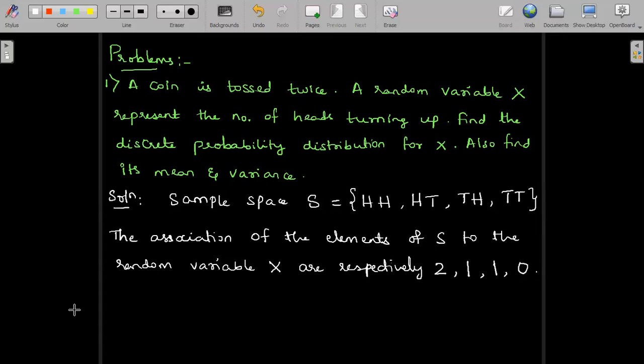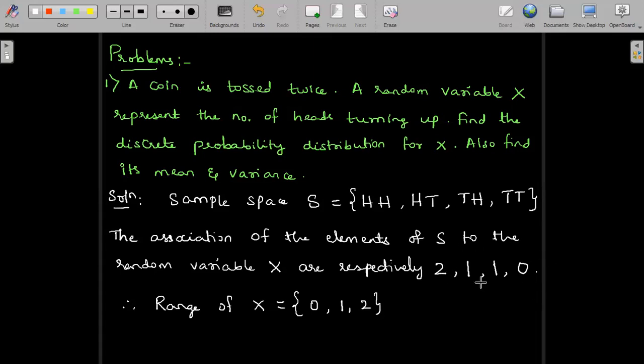Now, keeping this in mind, we can write down the range of X. The range of X is the set of all real numbers associated with the random variable X. So the range of X is 0, 1, 2.